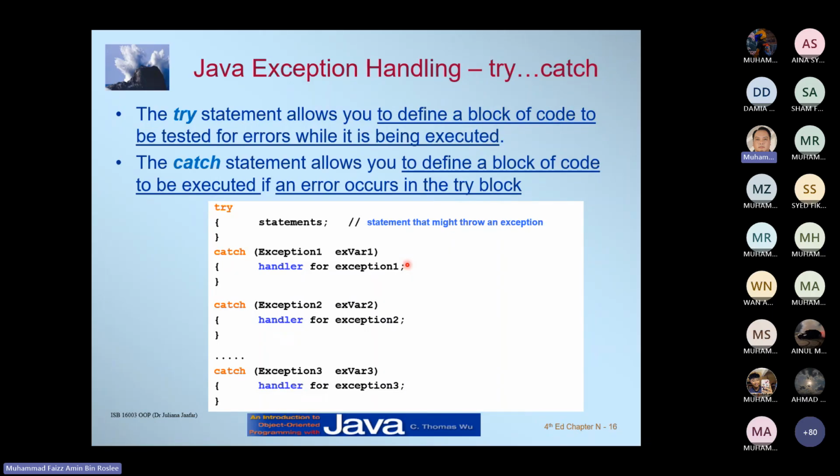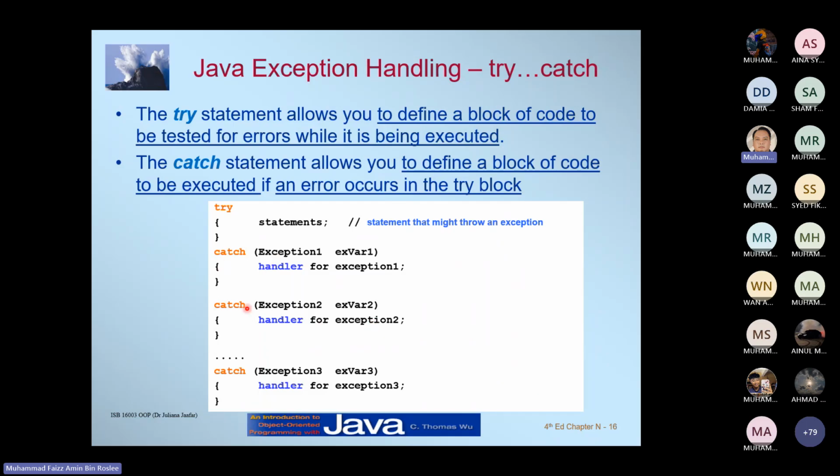So in the try catch block, you can have multiple catch blocks, right? For example, in this statement, you have a null pointer. For a null pointer, you might want to print a different error message.